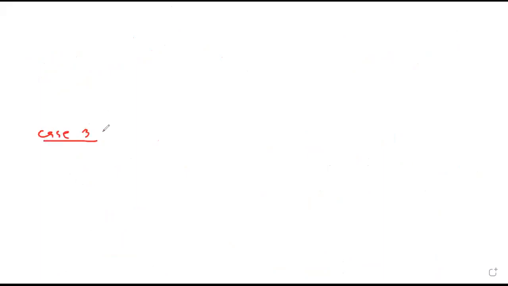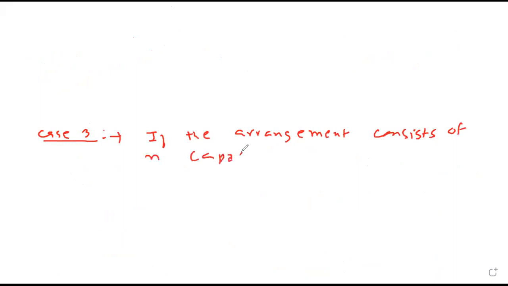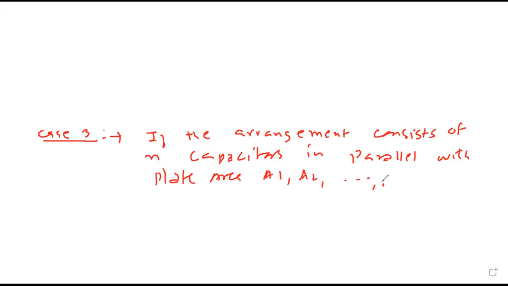Third case. If the arrangement consists of n capacitors in parallel with plate area A1, A2 up to An and separation T. That is like this.